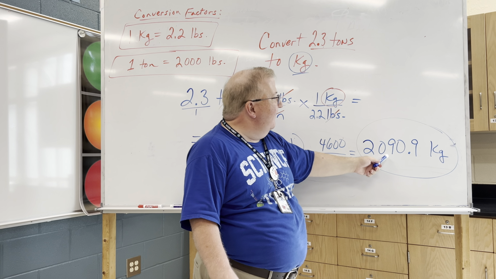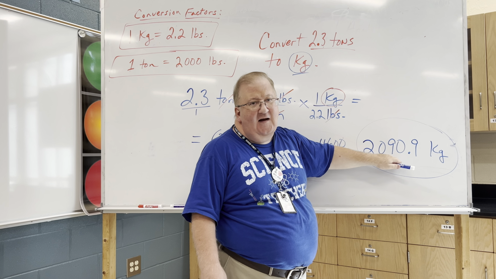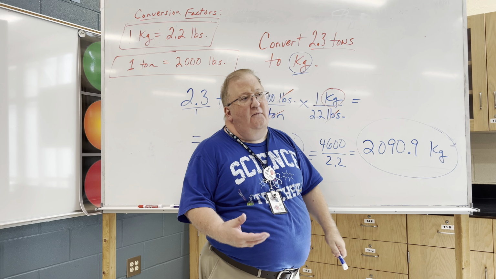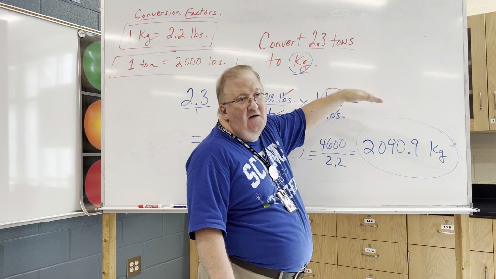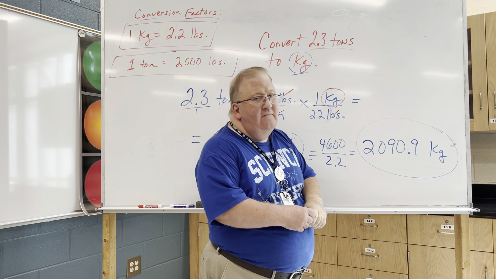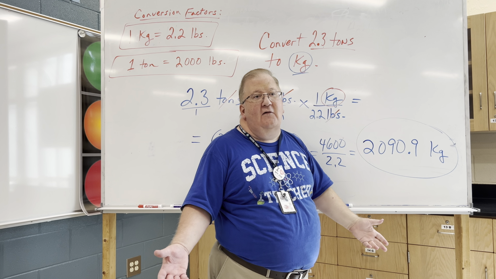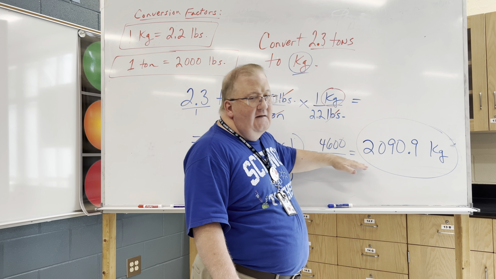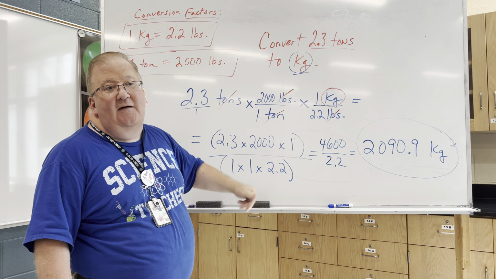So I would expect that number to be pretty large, right? So if you get a tiny number, you know you did something wrong, right? But that sounds pretty logical. 2.3 tons, it's going to be a pretty heavy amount of kilos, right?